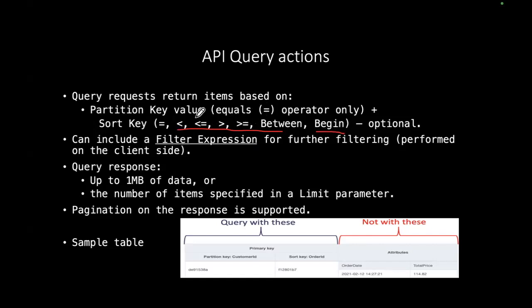There's a number of options available to us, so it's fairly powerful. But for string-based sort keys, that's the only operator that you have for narrowing down the items that you're looking for. And these all apply to just the sort key part. The partition key, you've got to be specific about the partition key value. Why is that? Because you can only query against one partition within the database.